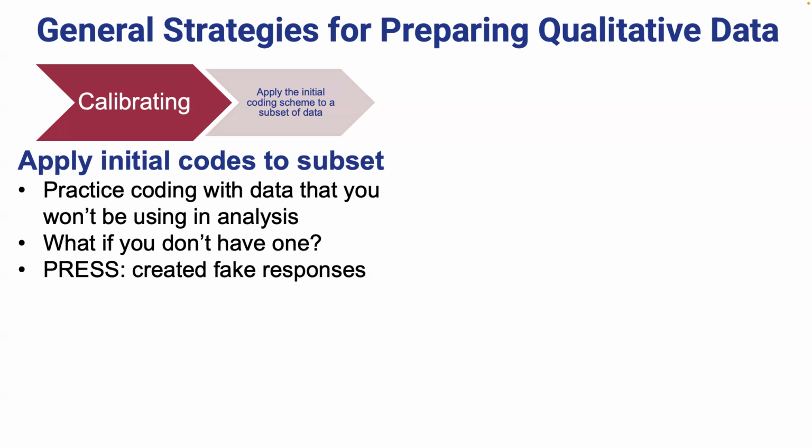If you're training on the data that you're going to use, it's probably going to be bad, and so you start really low, which is why this whole stage is about working out all the kinks and making sure everyone's on the same page. If you do that with your real data, you're going to reconcile, so it's going to be fine, but the inter-rater reliability you have to report doesn't really represent where you're ending.